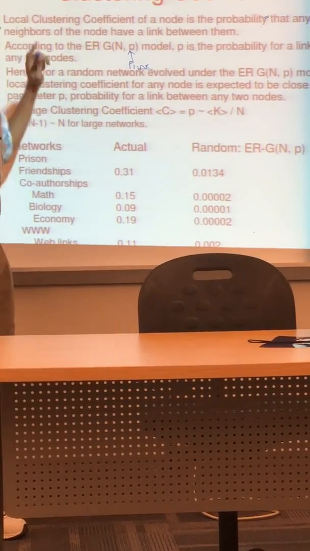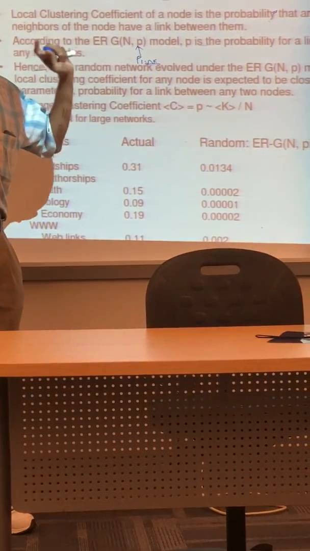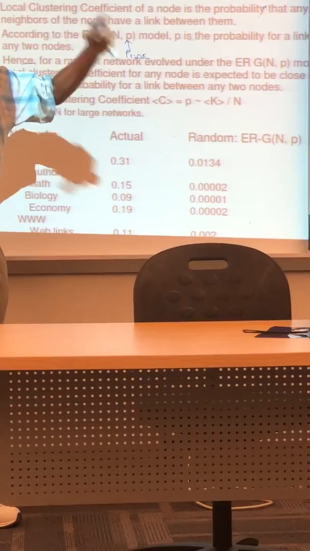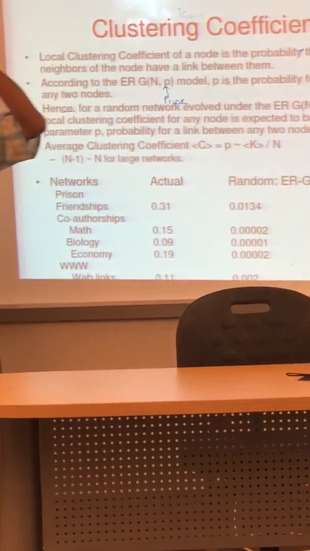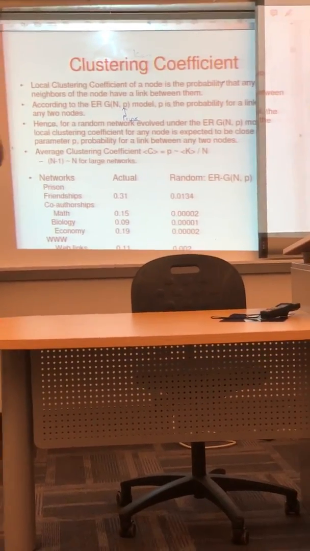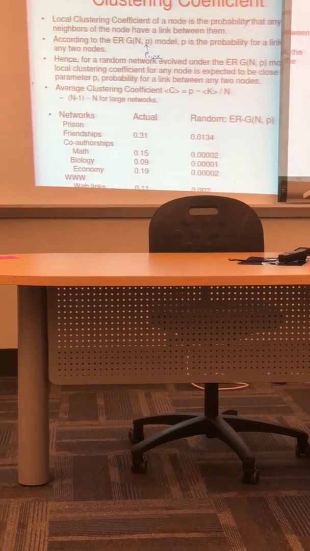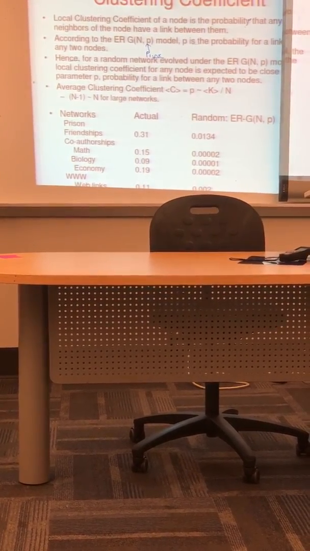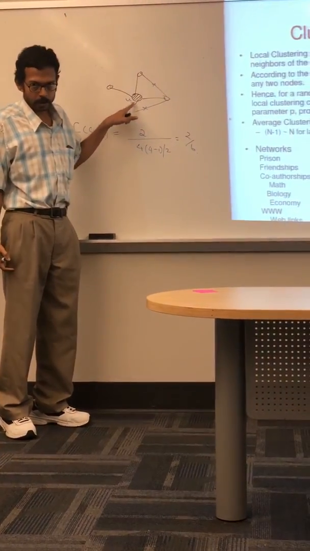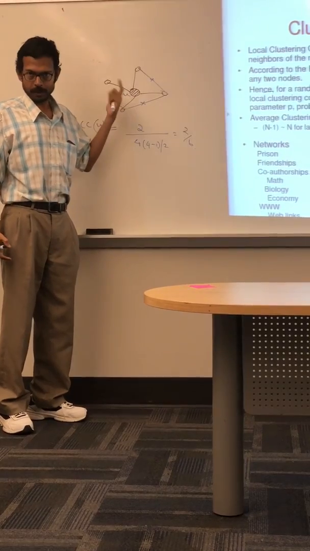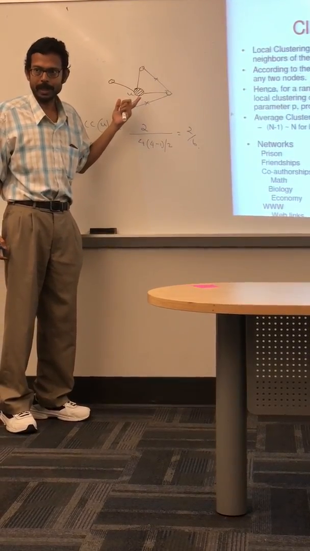So according to the ER model, if you generate a random network, then the local clustering coefficient for any node will be the same as p-link. It will not vary with nodes, because you may think that, in general, depending on the number of neighbors you have, the local clustering coefficient will vary, right?